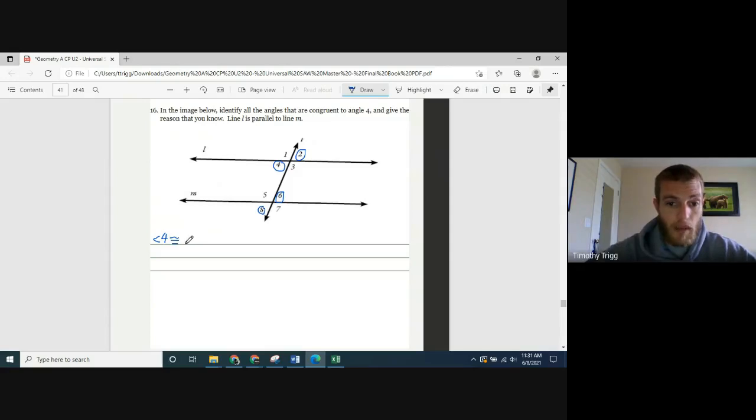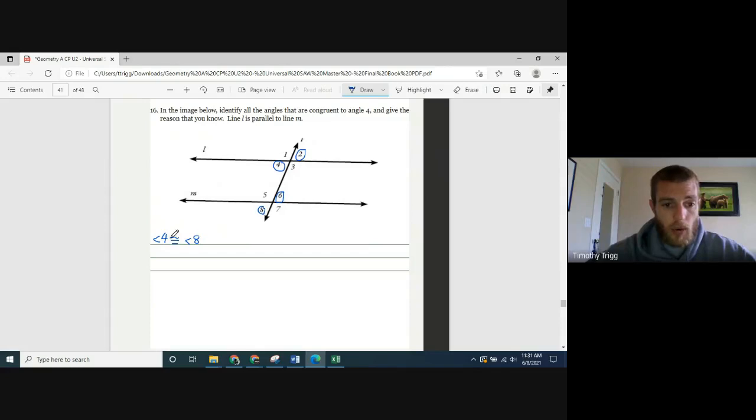So for angle 8, let's take a look. So 4 and 8, what is their relationship? So hopefully you can see that these are corresponding angles, right? Angle 4 is in the same position as angle 8, right? Bottom left of these 4.